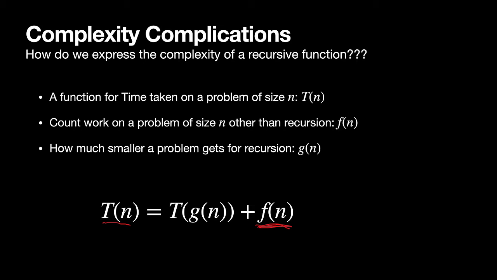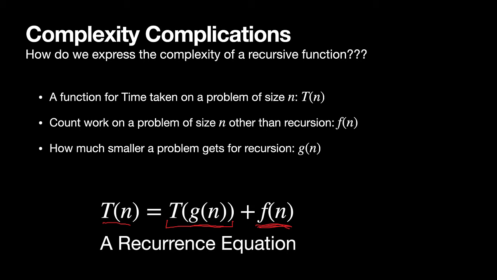So we have to figure out the size of the subproblem, that's our g of n, and then we will recursively solve that subproblem, the t of g of n. Okay, so this entire equation represents the concept of a recurrence equation. So again, notice that it appears to be recursive in a sense. The right-hand side of the equation uses the equation itself.